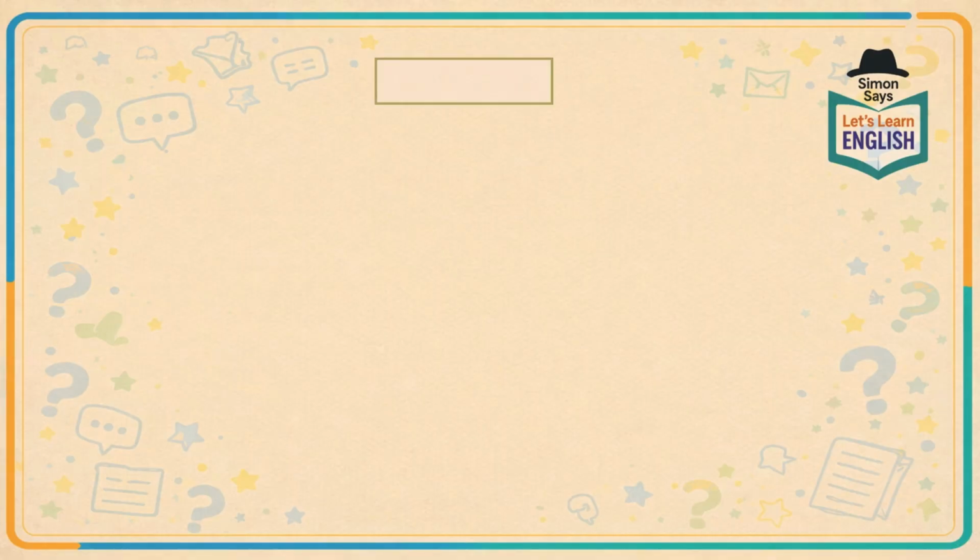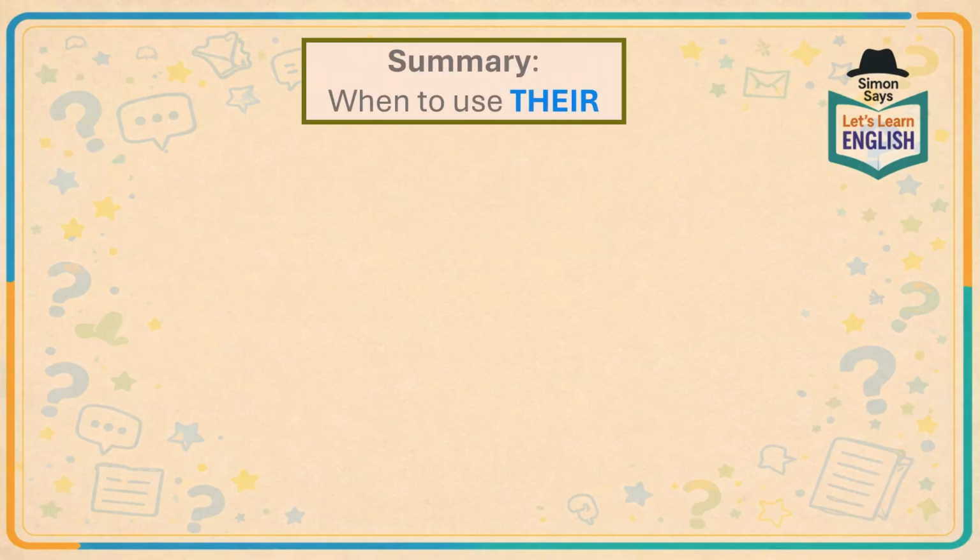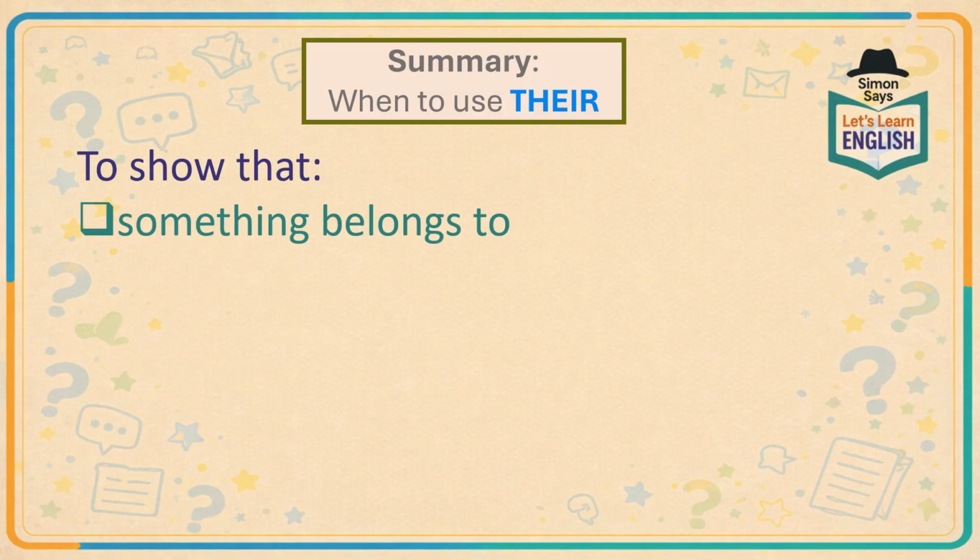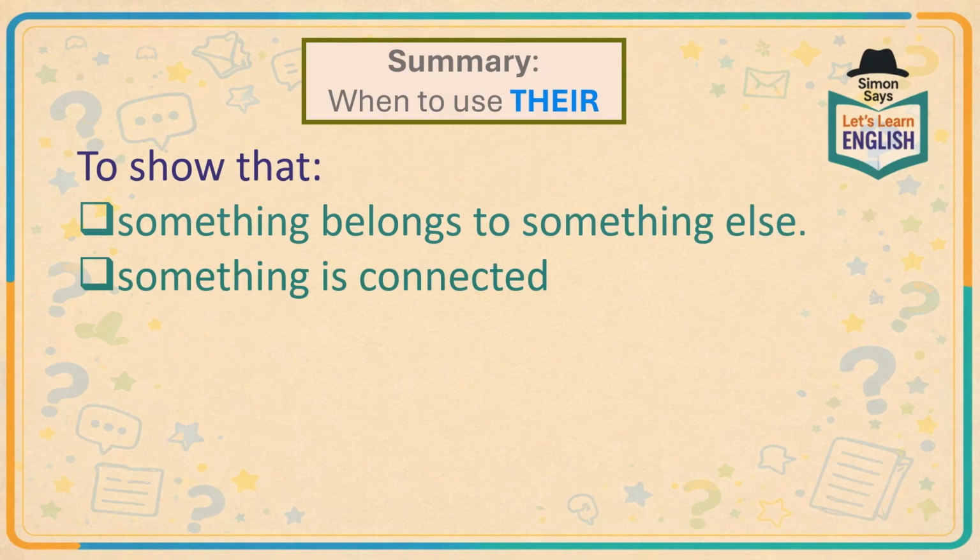Okay, so what have we learnt so far? So we've learnt when to use their. So we use their to show that something belongs to something else and that something is connected to something else.